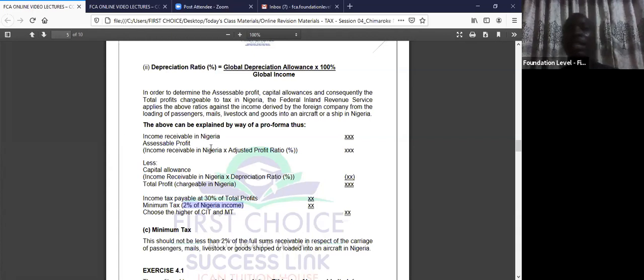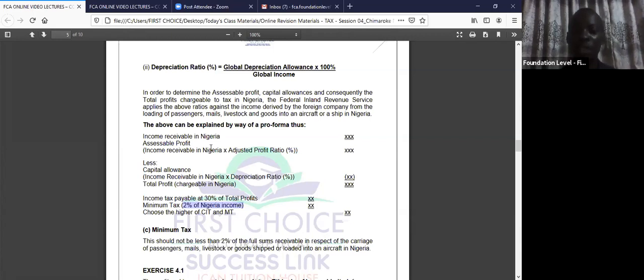Then the next day, you continue the journey from Nigeria to United States. Does any part of the income belong to Nigeria? No, because Nigeria is not the destination. It's just a transit. So anyone you see on transit, it still does not belong to Nigeria.